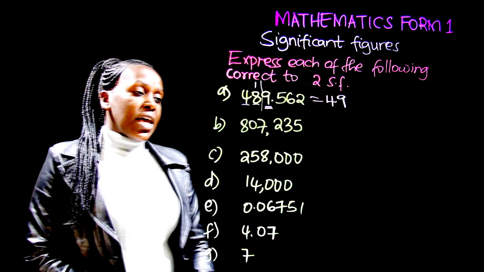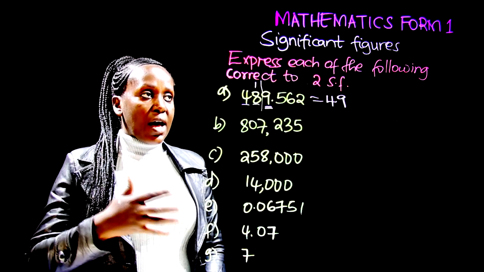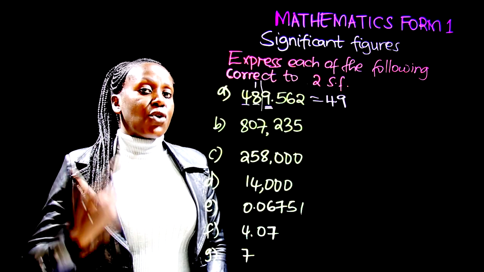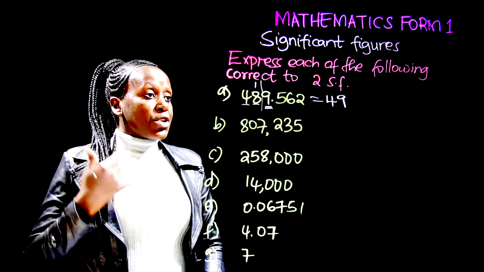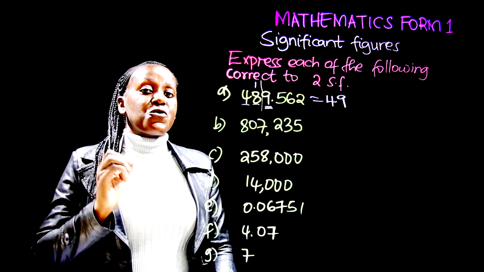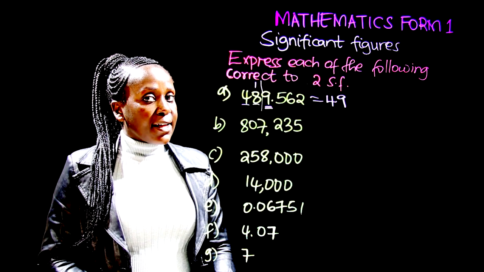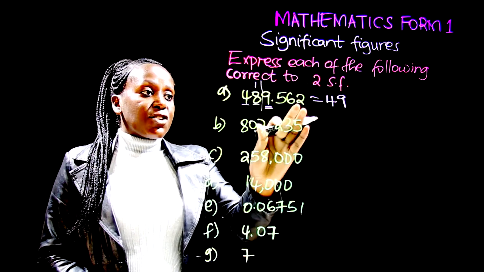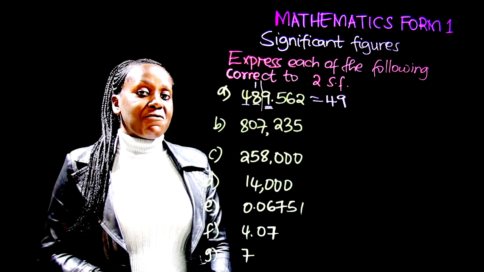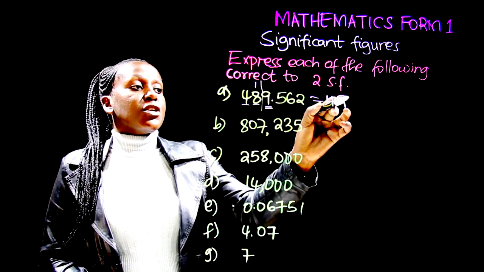Now, remember writing numbers correct to a given value of significant figures is a method of approximation. So you need to ask yourself, does this make sense? Can we approximate 489.562 to 249? That's too low. The value of this number has been compromised. So to ensure that you retain the value of the number, you have to turn this into 0.